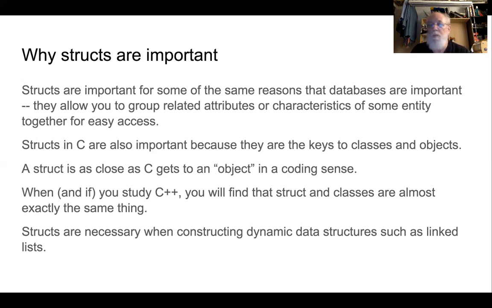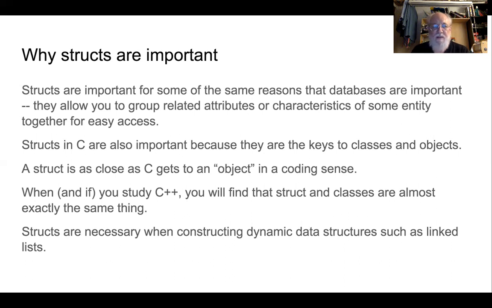Structs in C are also important because they're the keys to classes and objects. Classes and objects become very important in every programming language because they allow the construction of reusable code. And they provide an organization for your code that is probably better than just having a lot of functions and no collection.